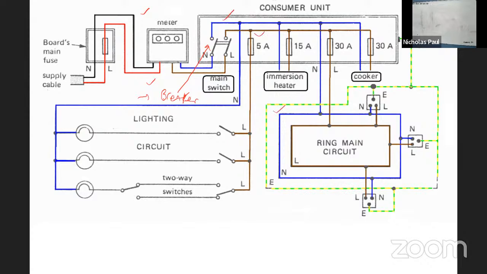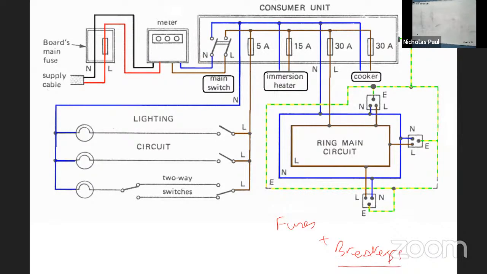As I said, the brown actually carries the current. The blue is what helps complete the circuit, and the green and yellow is for the excess. In your homes, you don't have fuses. What you really have are breakers. But I want to show you how the fuses work as well.